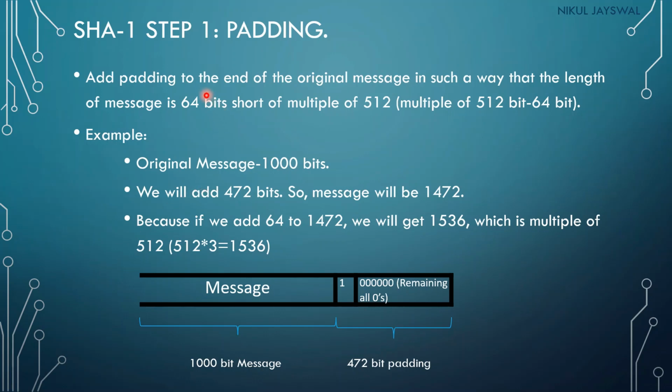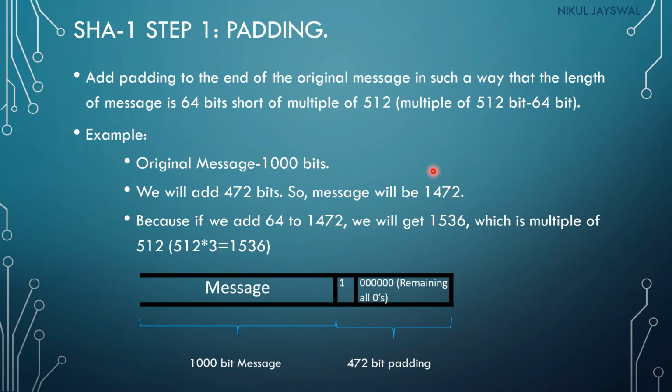This last 64 bits will be used to store the length of the message, because we are adding the padding, so we need to identify the actual size of the message. Let's suppose the original message size is 1000 bits. We will add 472 fake bits, so the message will be 1472 bits.